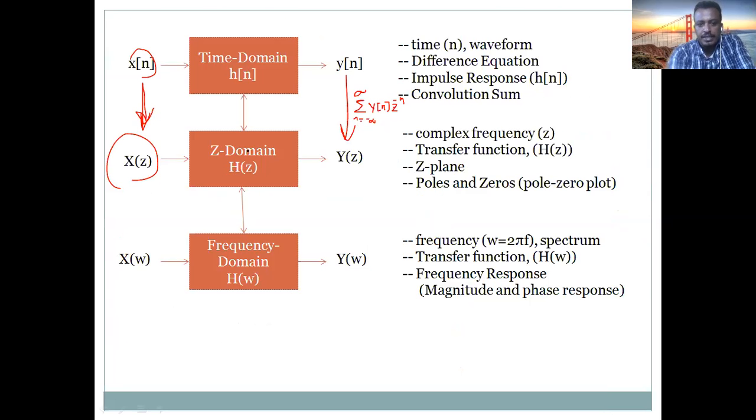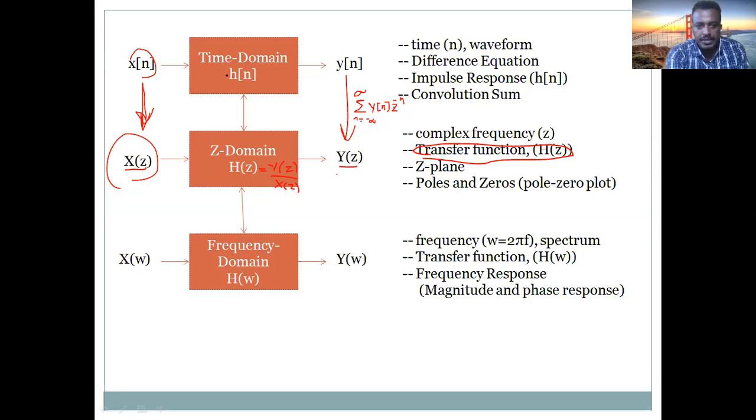When you discuss z domain, there is an equation called the transfer function, h of z. What is h of z? By definition, it is output divided by input, but in z domain. So y of z divided by x of z, input in z domain, we call it the transfer function of the system.